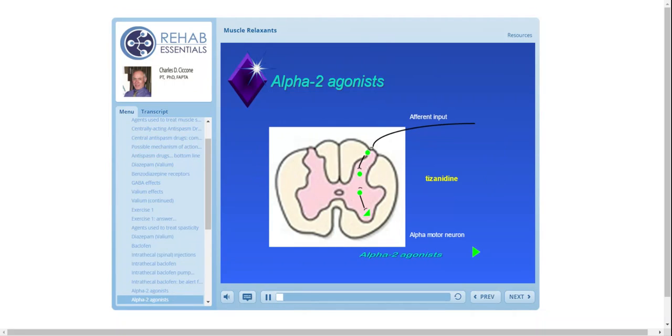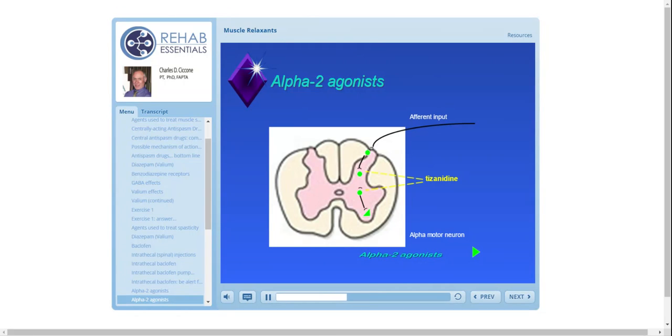So here's a schematic representation of the spinal cord, and you can see at the top there's a lot of afferent input from various sources: the stretch reflex, other muscle receptors, joint receptors, and some of this feedback leads through these smaller interneurons. You see three interneurons in this diagram that return the activity back to the alpha motor neuron.